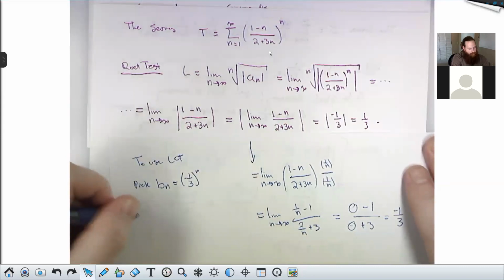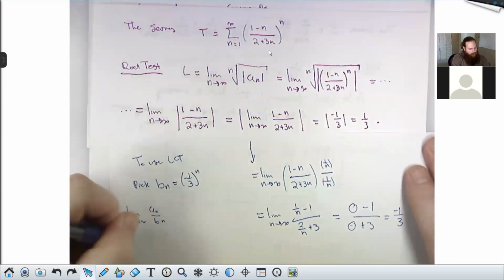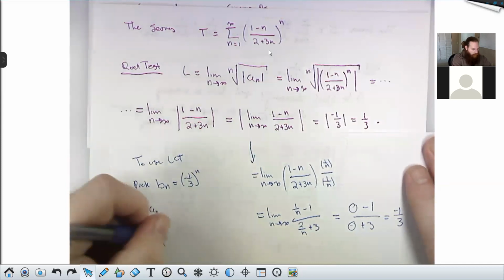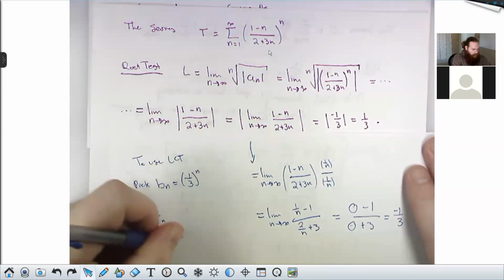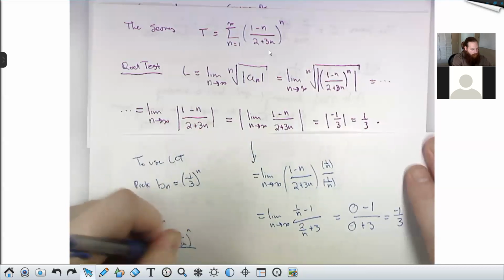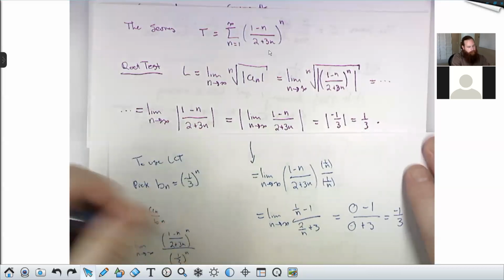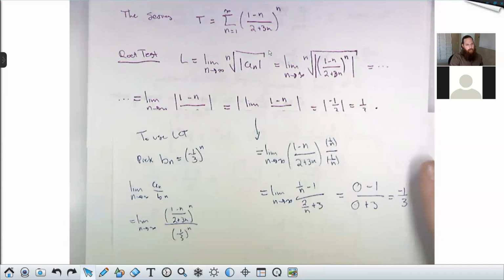Then the limit as n goes to infinity of a_n over b_n would be the limit as n goes to infinity of ((1 minus n) over (2 plus 3n)) to the n divided by (-1/3) to the n. And you would have quite a bit of work to do.